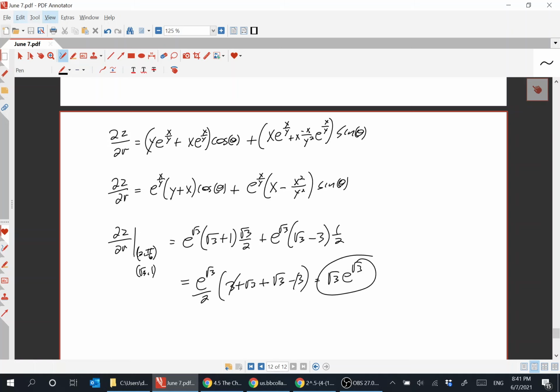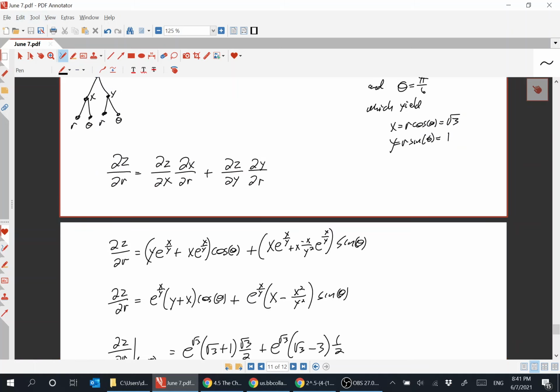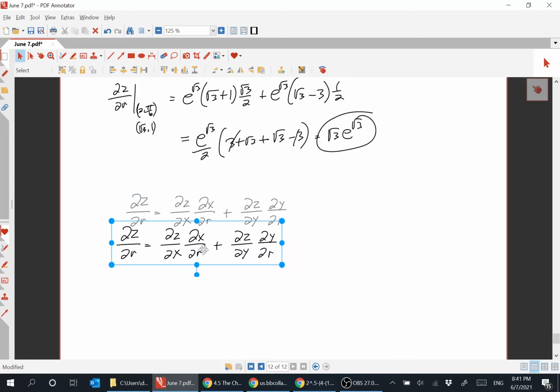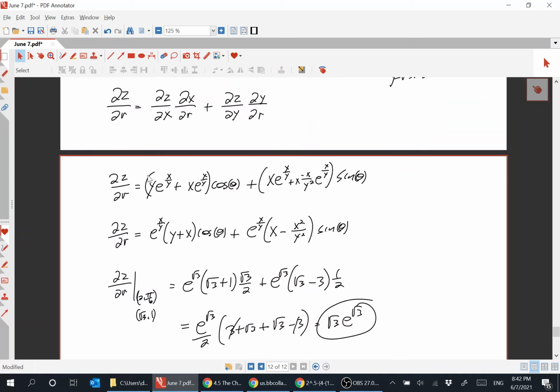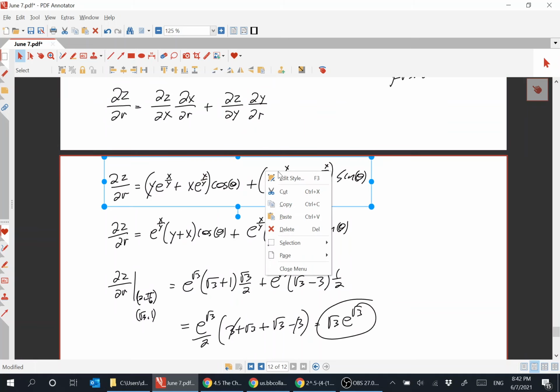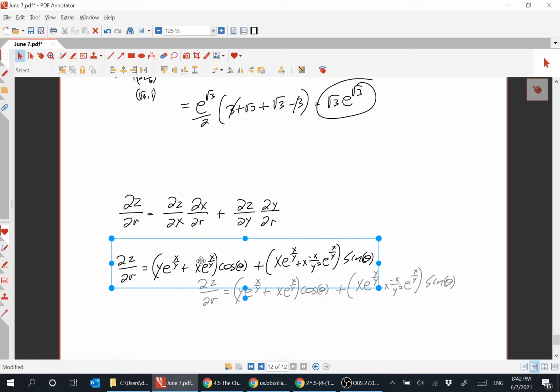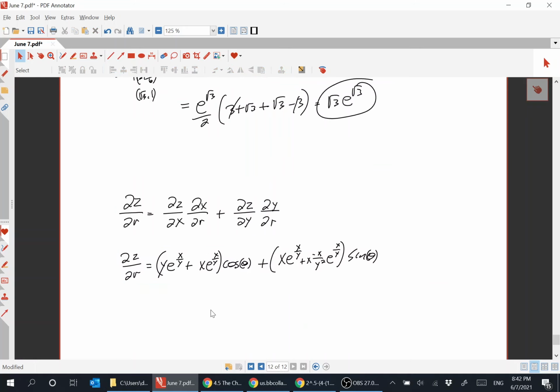So now for the second derivative, dz/d theta. Let's copy over the first 2 lines here. Everything is the same, except the r gets replaced by theta. So the dz/dx is the same, but this changed.